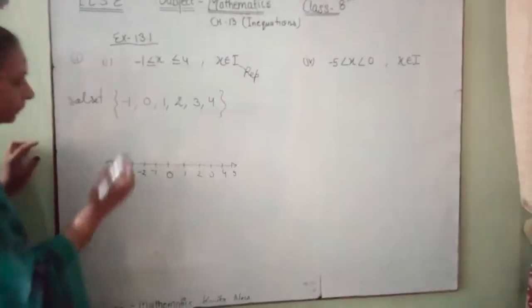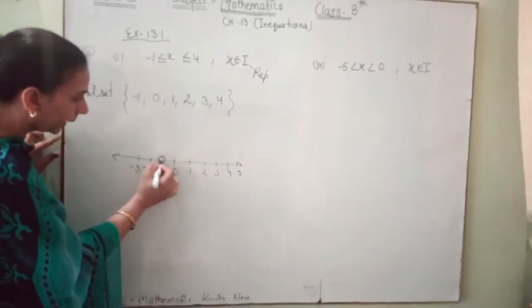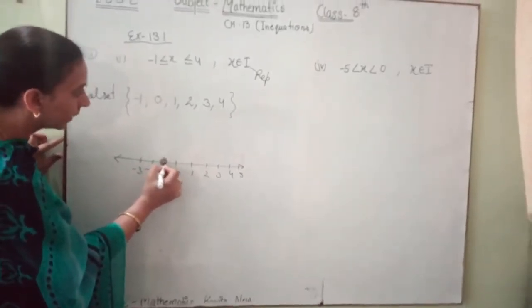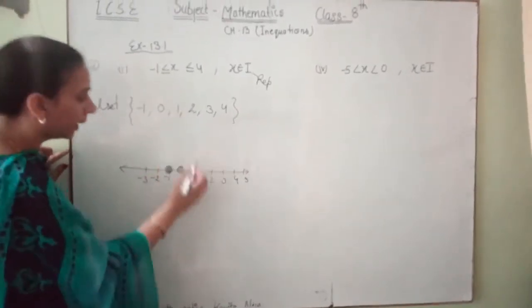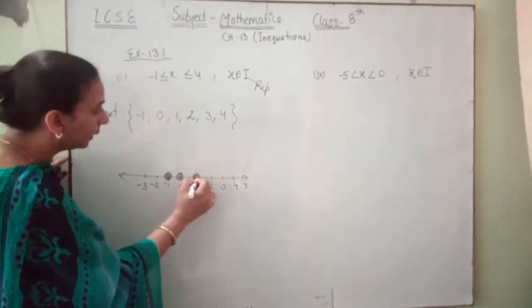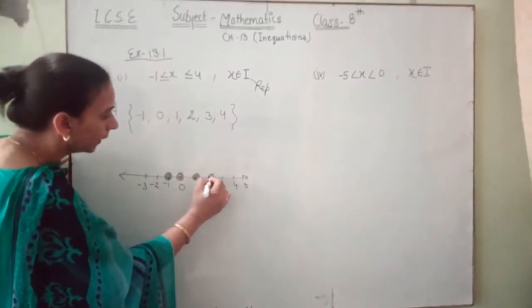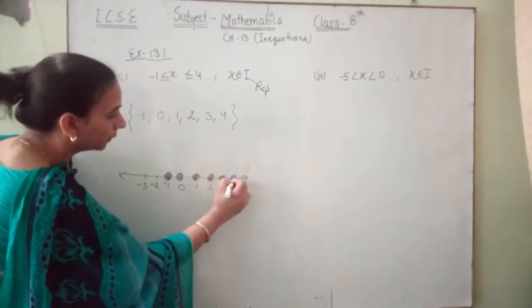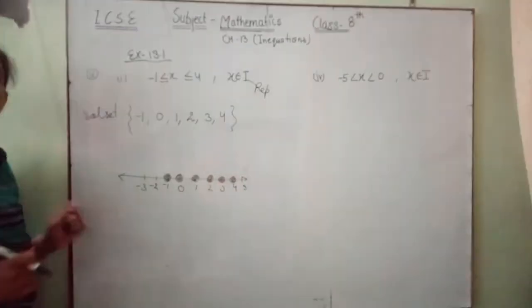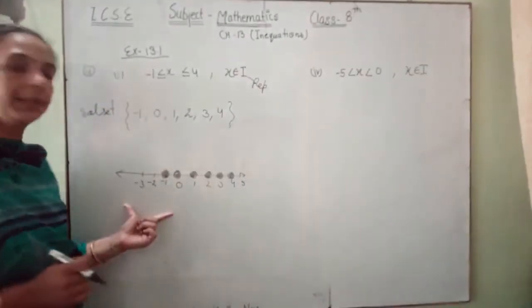Student, this is -1. We take -1 and darken it. Again 0, we take 0 and darken it. 1, again 2, again 3, and again 4. This is the representation of the solution set on a number line.